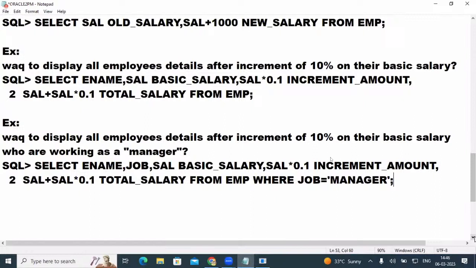Okay, completed. Now below, write the next example.